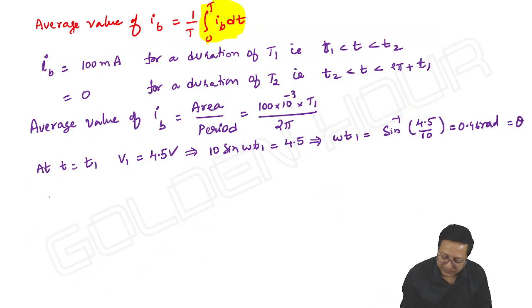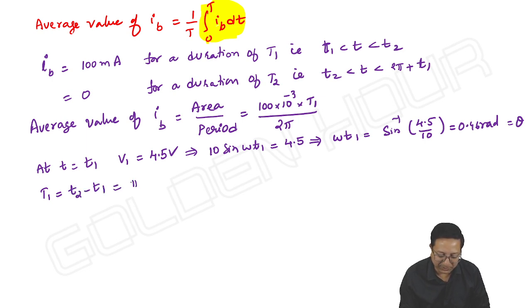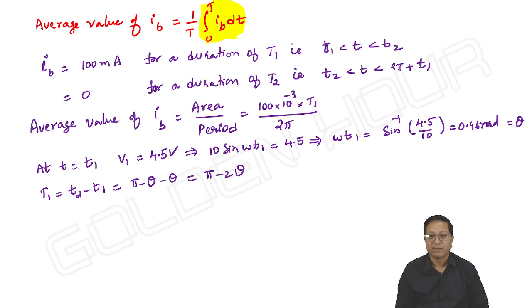So capital T1 is equal to small t2 minus t1. t2 is pi minus theta, and t1 is theta. So pi minus 2 theta, where theta is equal to 0.46 radians. So pi minus 2 into 0.46 is equal to 2.2. We can write it.